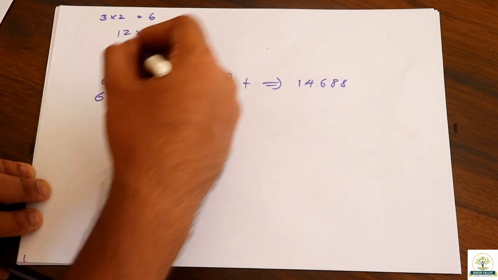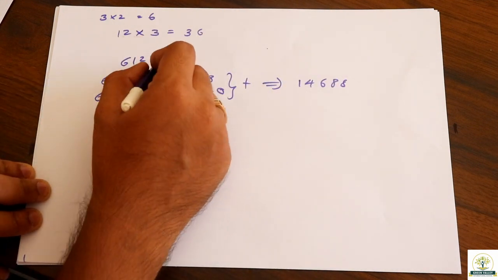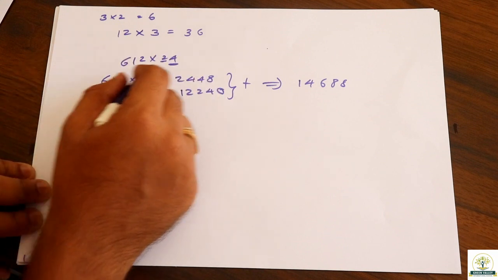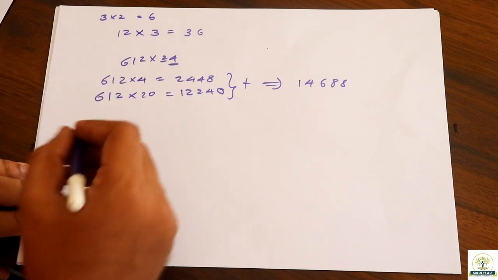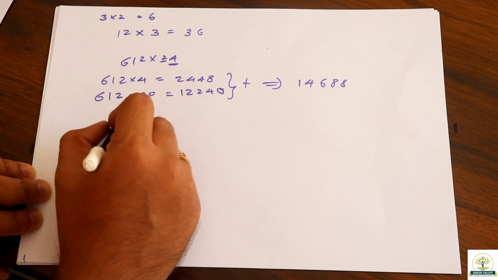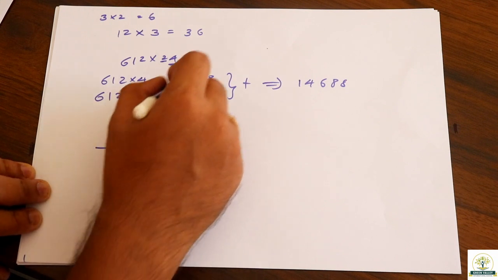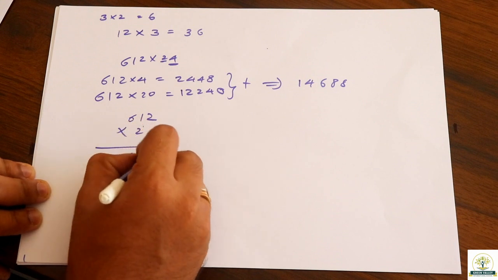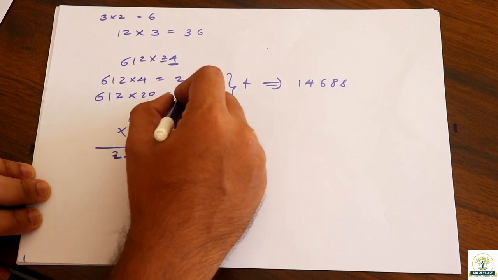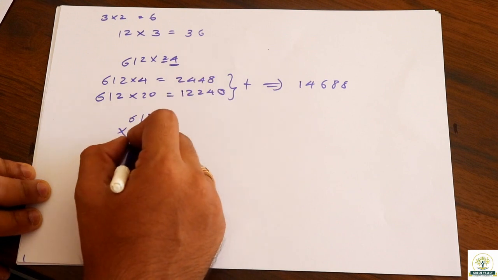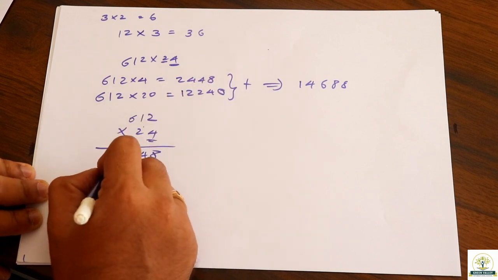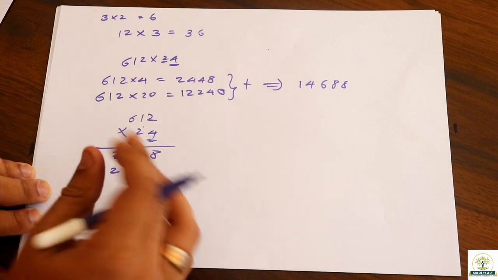But there is another approach where you can directly multiply with 24 and don't need to multiply separately with 20 and 4. So 612 into 24. First I will multiply with 4, that will give me 2448. Now I will multiply with 2, that will give me 1224.